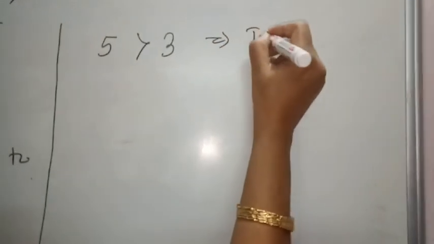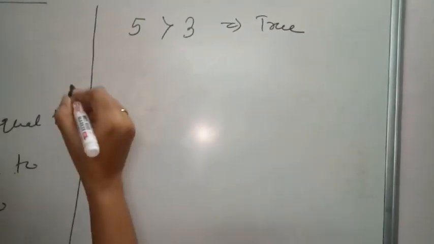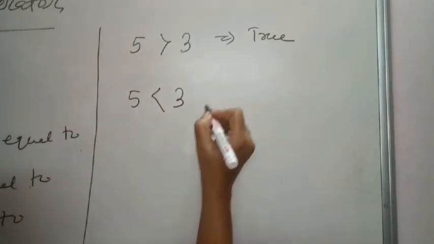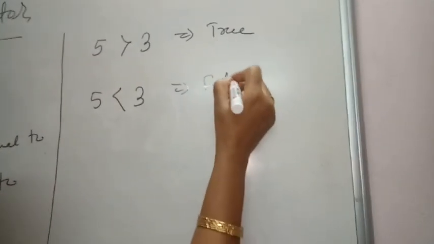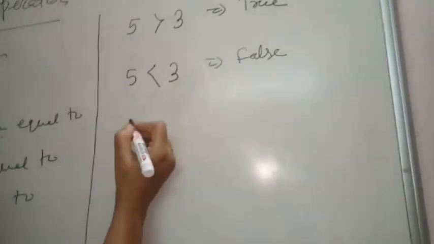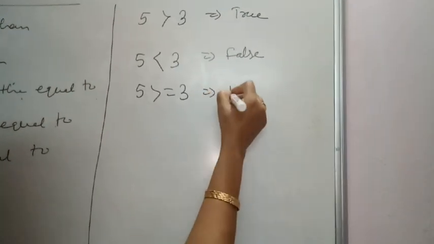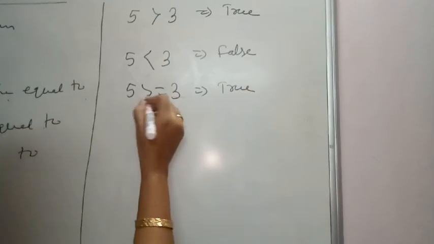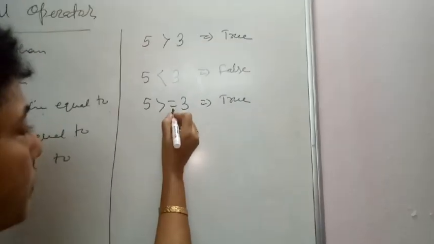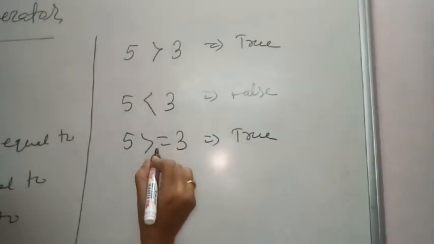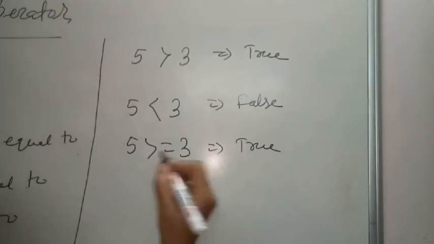The answer is true. Similarly, if I write 5 less than 3, is 5 less than 3? The answer is false. Next, 5 greater than or equal to 3, the answer is true. Here both the greater than and the equal to operators are used, but if any one of these two is satisfied, the answer is true.